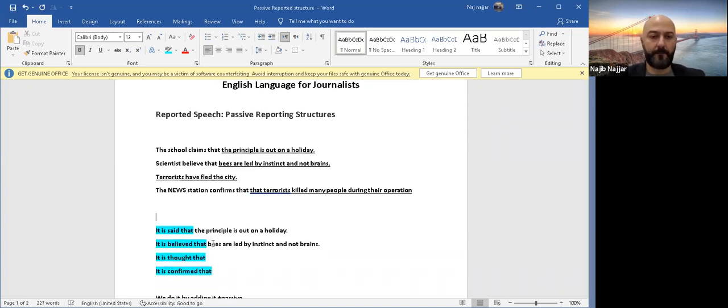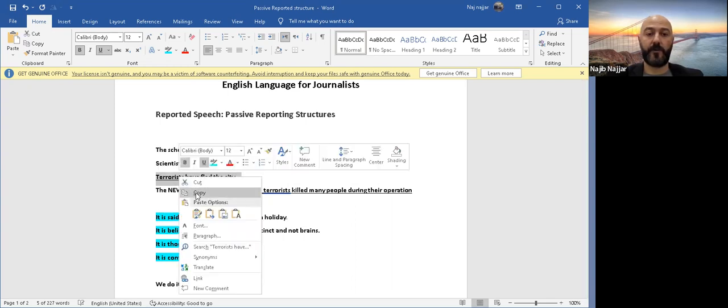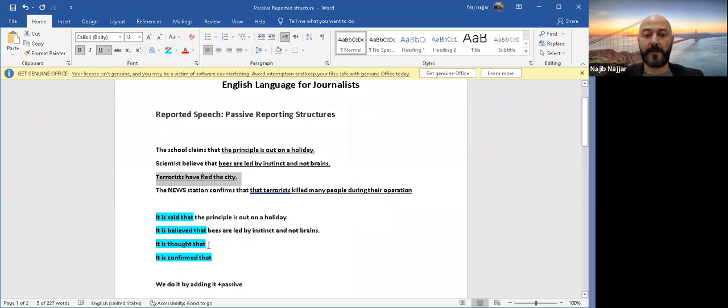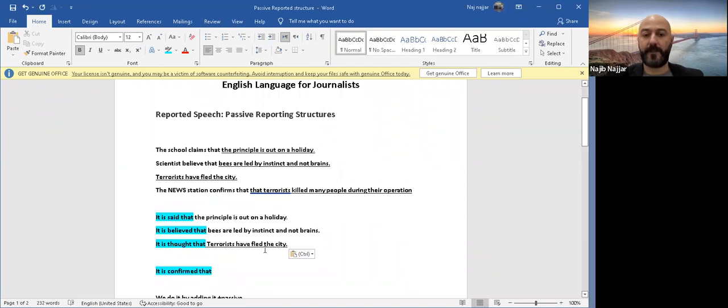Sentence number one. It is said that the principal is out on holiday. Sentence number two. It is believed that bees are led by instinct and not brains. Sentence number three, do it with me. It is thought that terrorists have fled the city.